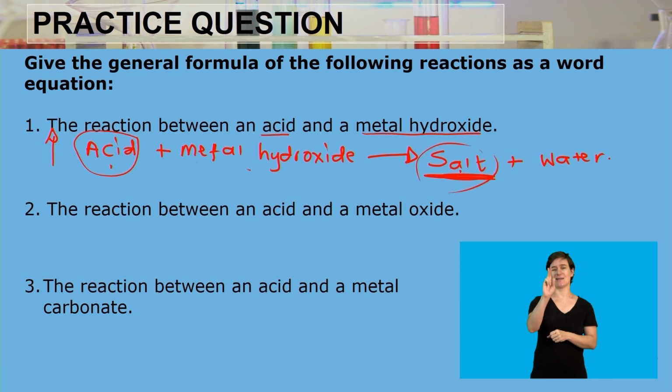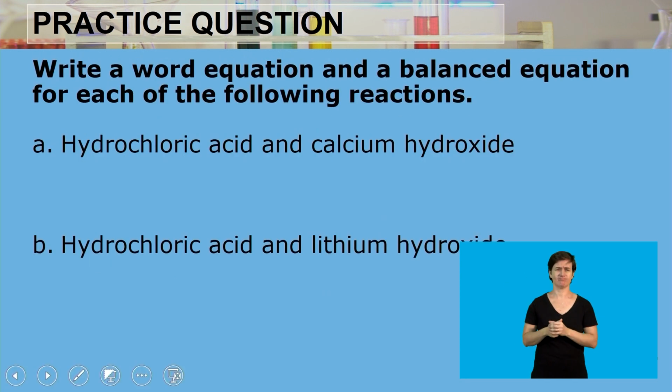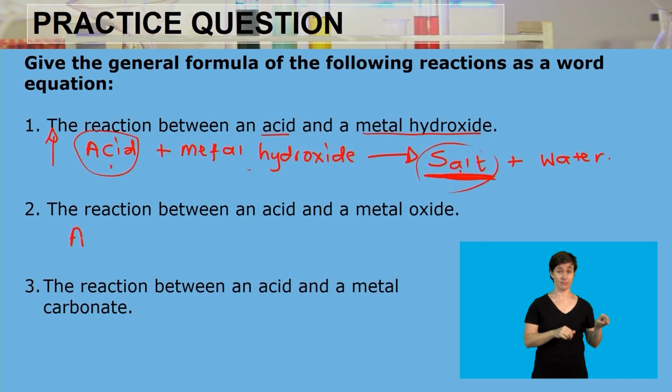Then the next question says, the reaction between an acid and a metal oxide. So what is going to happen when we react an acid and a metal oxide? We are going to have an acid plus a metal oxide.